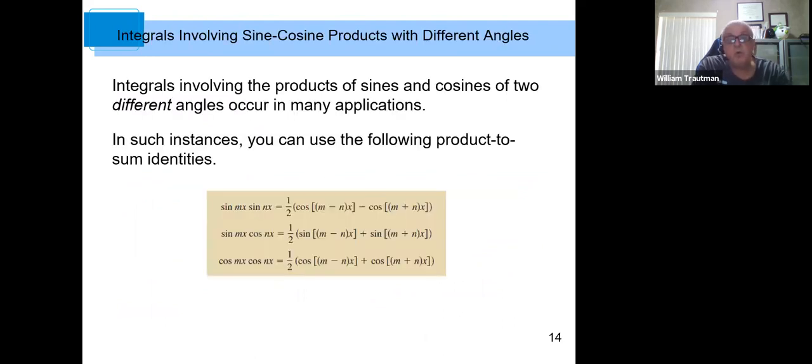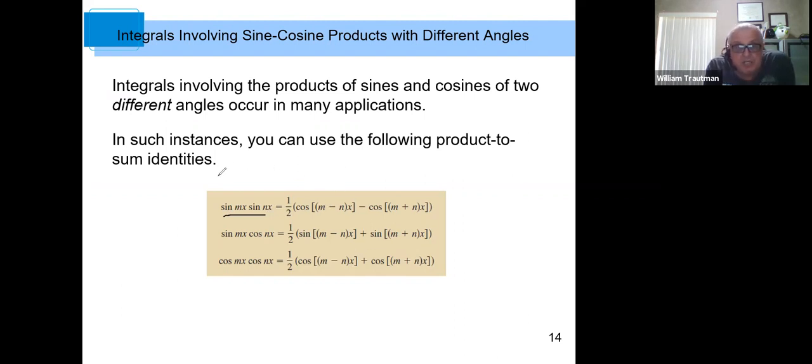Oh, there's actually more. Okay, so this one. If you're going to multiply sine power x times sine power x, or sine power x cosine power x, or cosine power x cosine power x, there's a quick way of combining it all into one, where you change the multiplication to an addition or a subtraction.